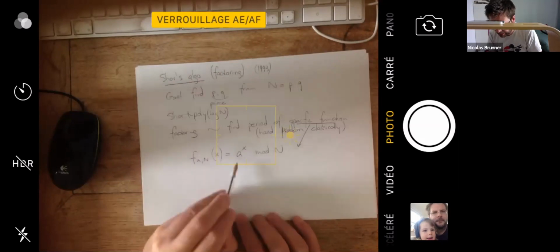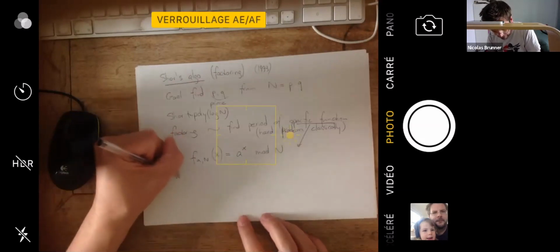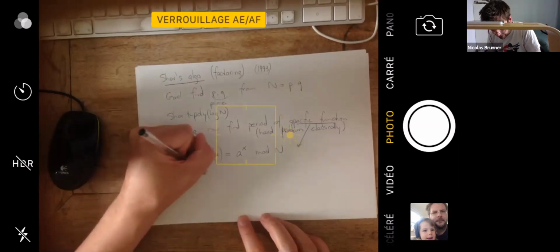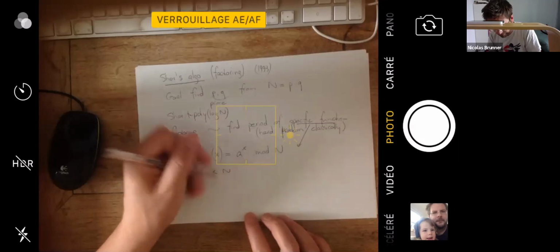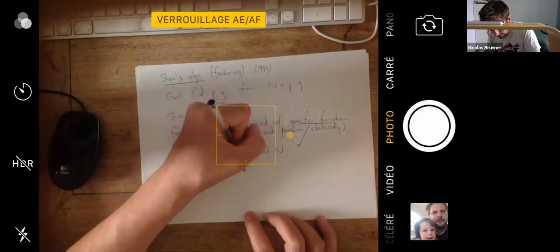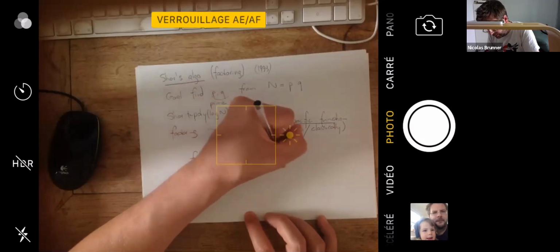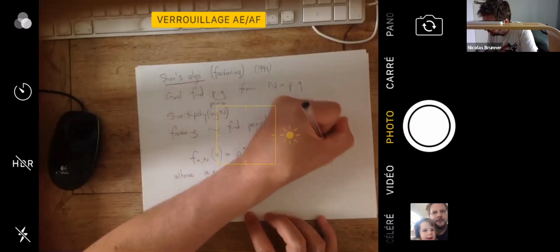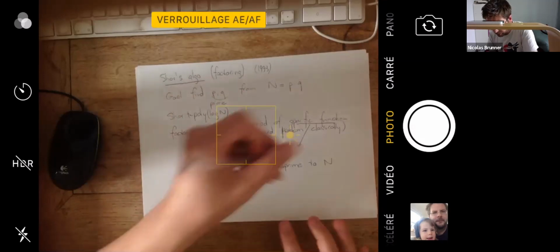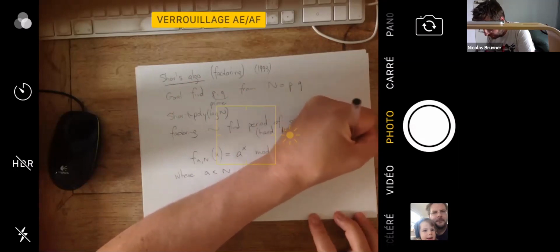Okay, so it's a to the power x mod n. And a should be smaller than n, and a needs to be co-prime to n. Okay, so co-prime means no common factor.